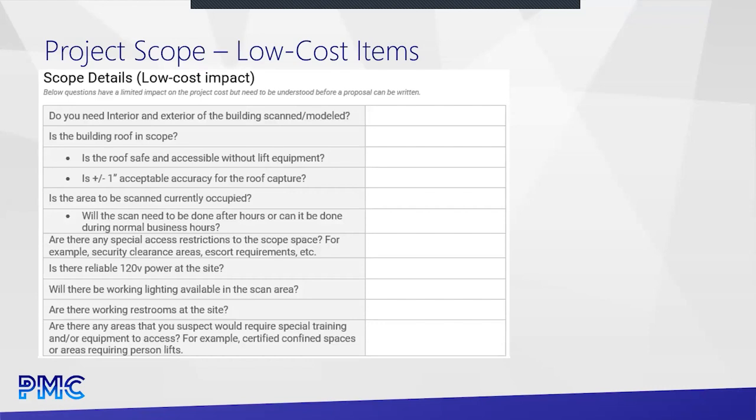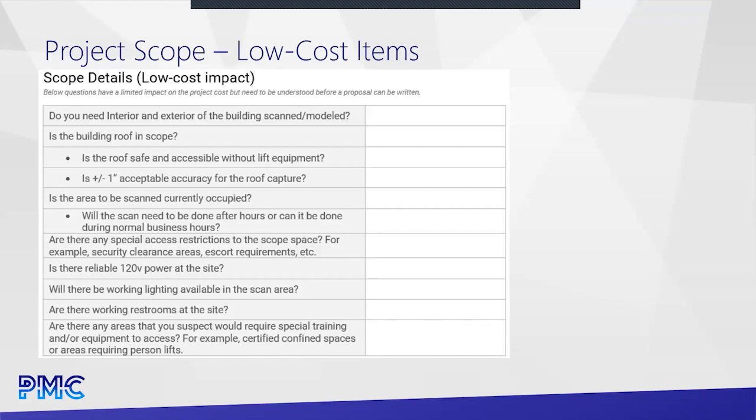Special training. We especially run into this in manufacturing and industrial environments. Do you need us to capture information up high that's obstructed from the ground? So scanners have huge range. If we're doing interior work, the shortest range of scanners nowadays is 70 meters.